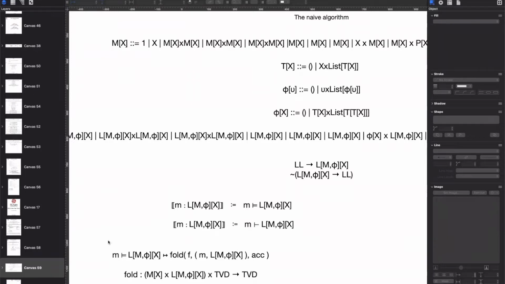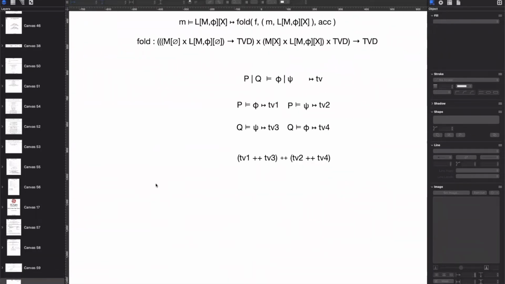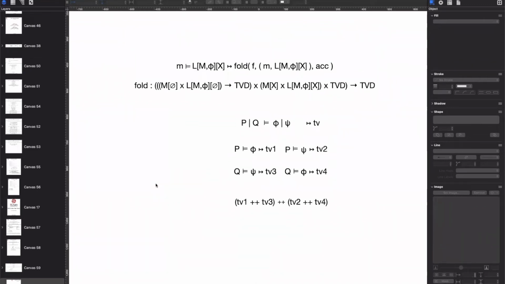So one way to think about the modeling construction is that we're going to take this and interpret that as a fold or something very similar to a fold. So given some truth value domain, right?